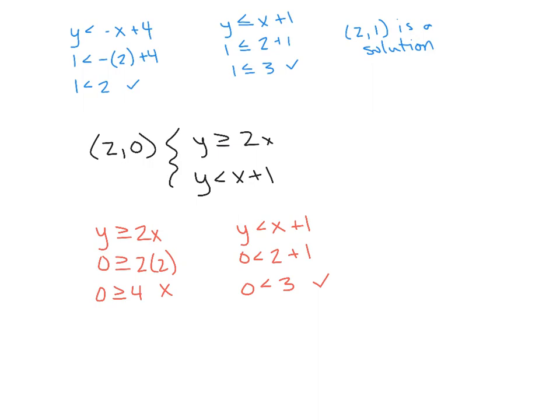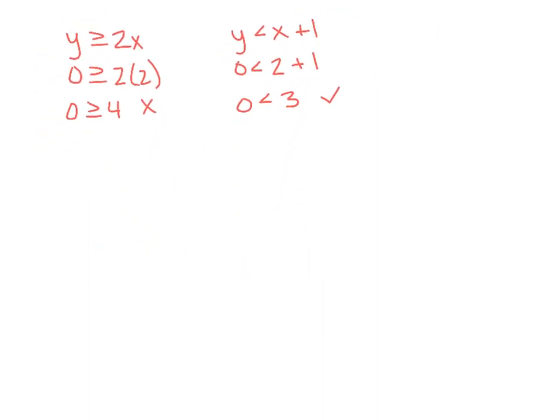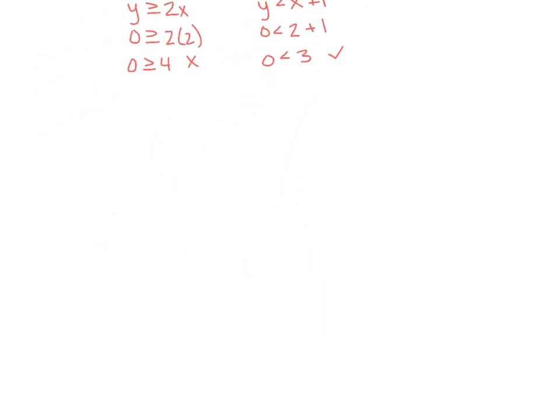So let's go to the next example. In this next example, we're going to be graphing some linear inequalities, and we're going to give two ordered pairs that are solutions and two that are not solutions.